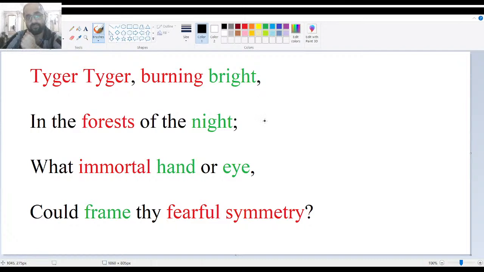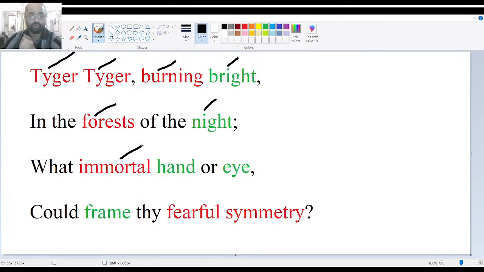And then you have the step involving putting the stress marks on the stressed syllables: Tiger, tiger, burning bright, in the forests of the night. What immortal? Notice that mortal is a root word, im is a prefix, it is never stressed.